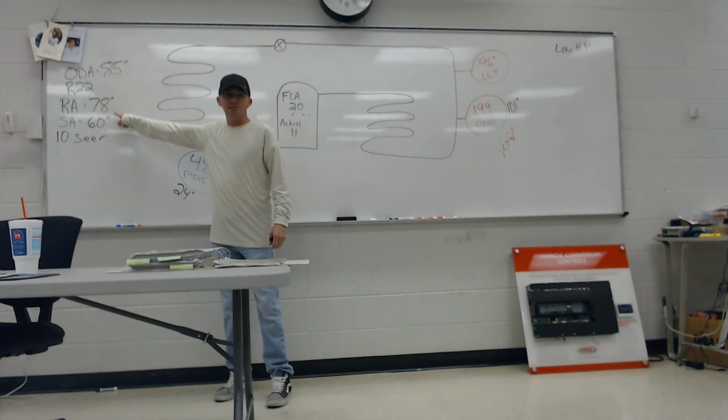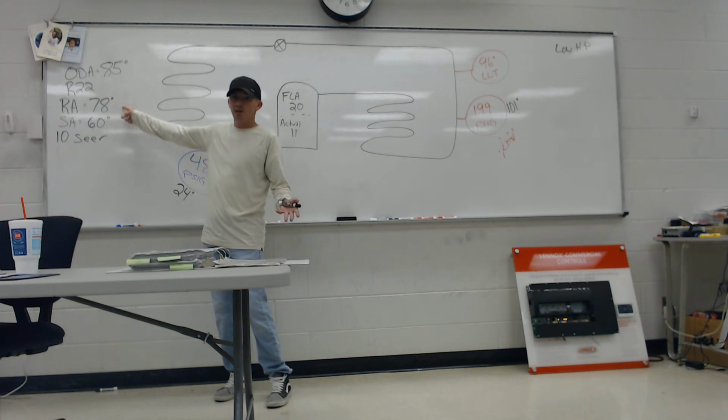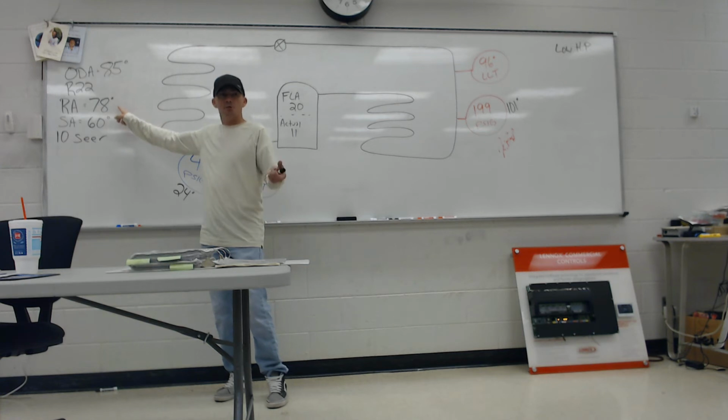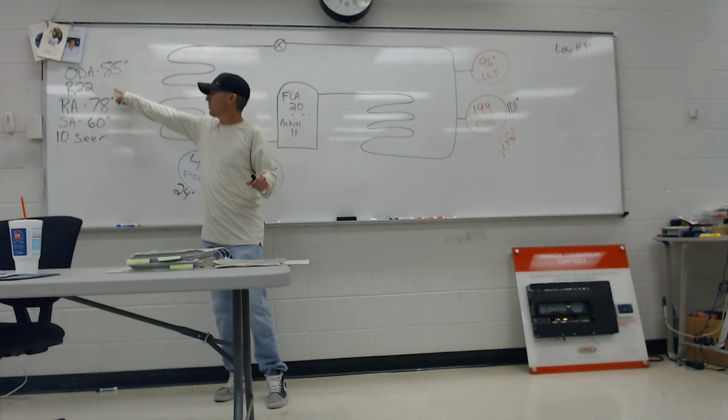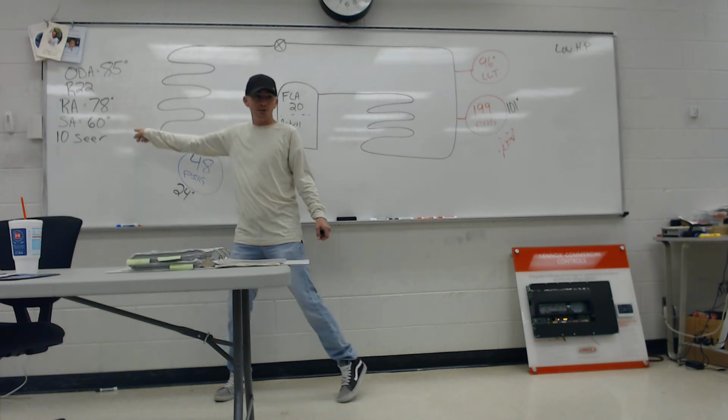Indoor temperature is 78. We're not going to talk about humidity right now, which we need to, but we're just looking at dry bulb only. 78 minus 30 is 48. So as soon as I screw that low side gauge on this R22 machine, I'm looking for 48 degrees.